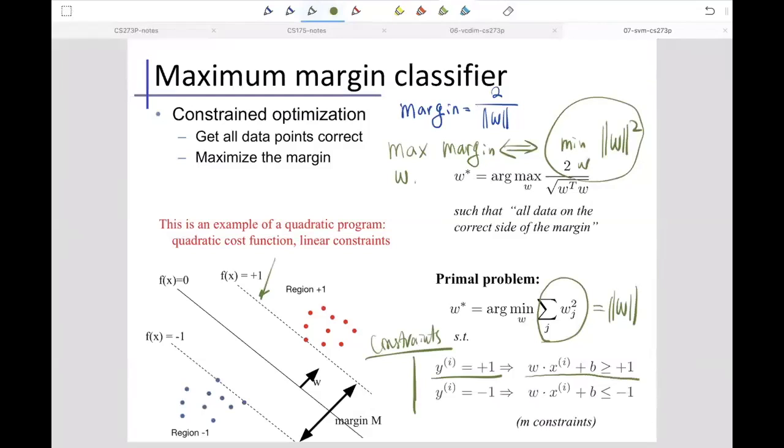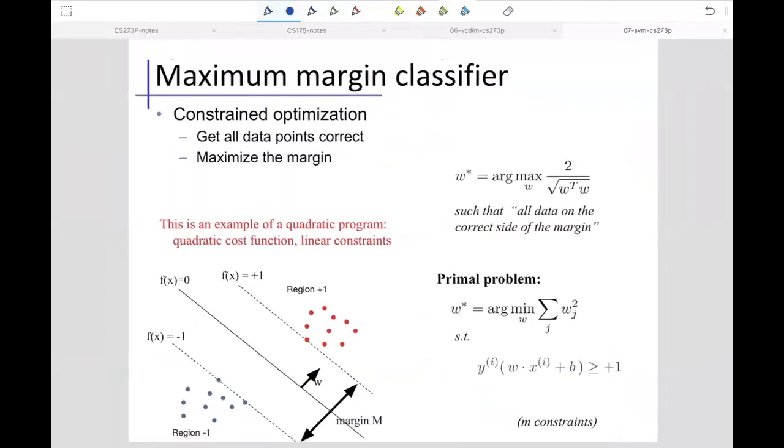On the other hand, if your data has a negative label, on this side here, it has to be less than or equal to -1, because it is below this plane. And these are the constraints of this model. Okay, so let's think about it.